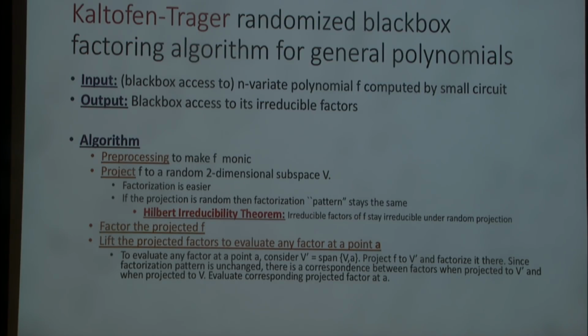So look at this three-dimensional space and now look at the projection of f to V prime. Instead of projecting f all the way down to V, project f to this larger space V prime. It's a three-dimensional space now. And factor f there.